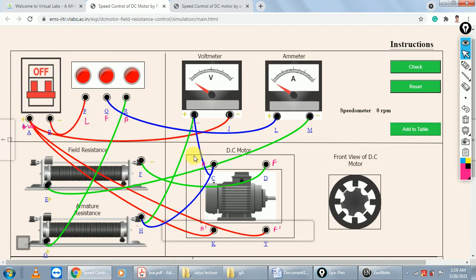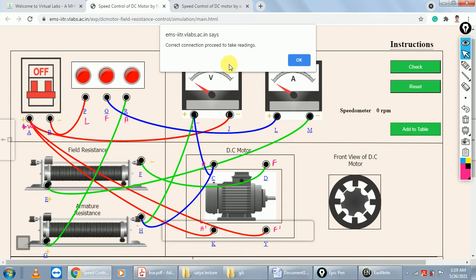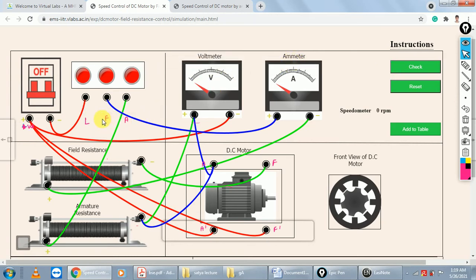Okay, so click on check connection. Connection is correct. Okay, so basically this is L, F and A.